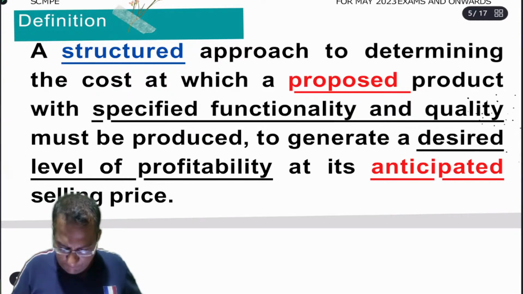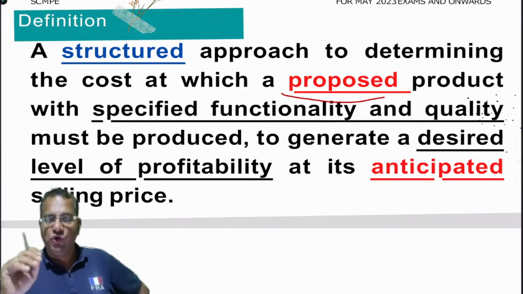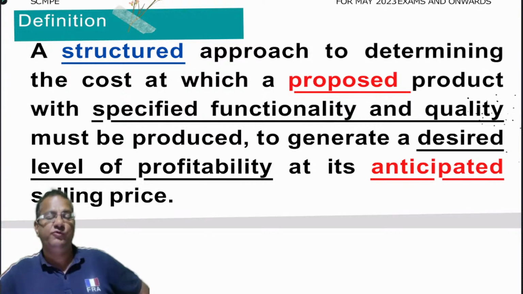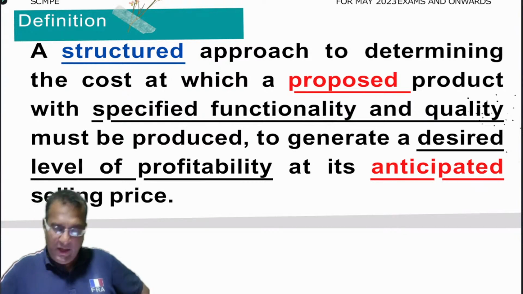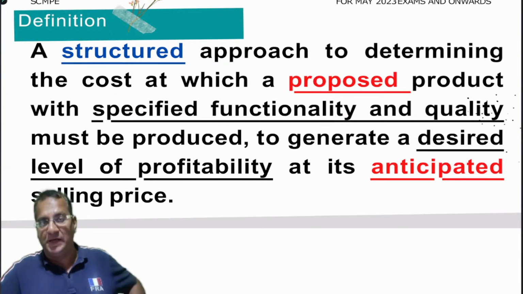It is applicable for a proposed product. Target costing is not technically applicable for an existing product. It is applicable for a proposed product, meaning the product which has not yet been manufactured by the company.